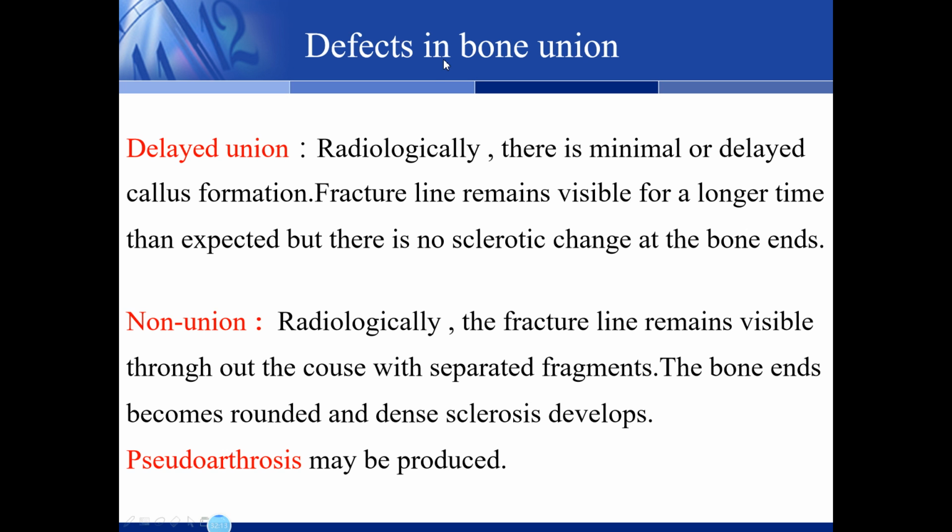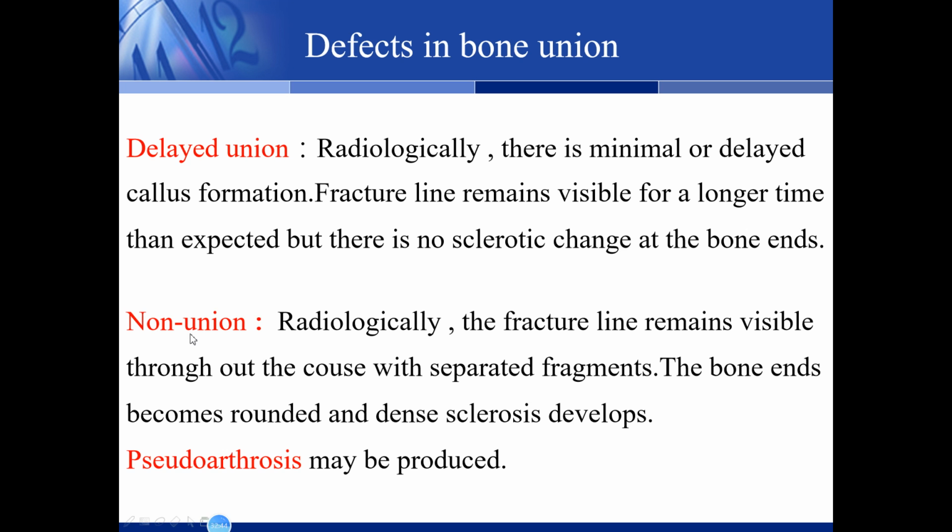Defects in bone union. Delayed union. Radiologically, there is minimal or delayed callus formation. If the callus formation is delayed, the union will be delayed. The fracture line remains visible for a longer time than expected, but there is no sclerotic change at the bone ends.